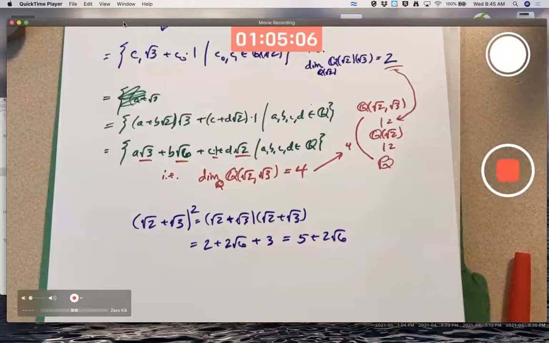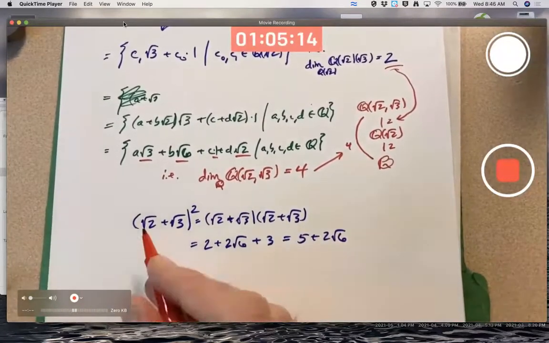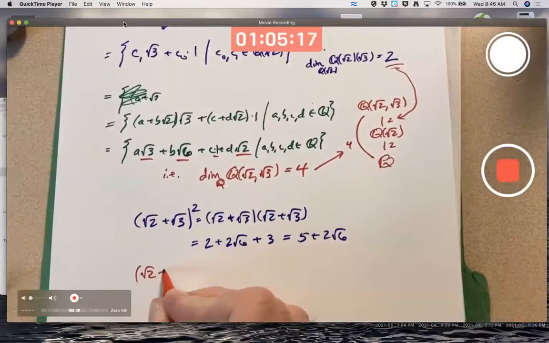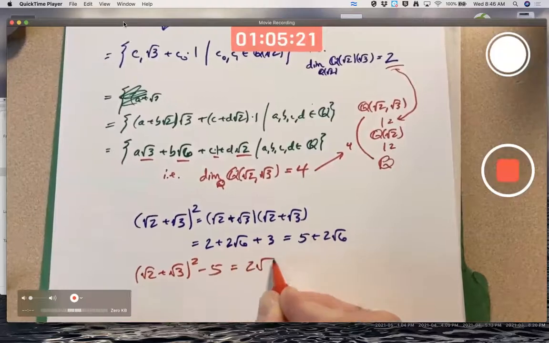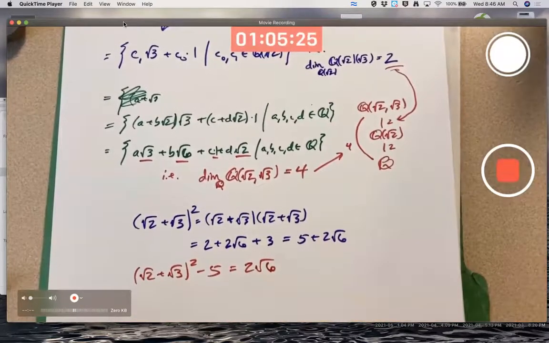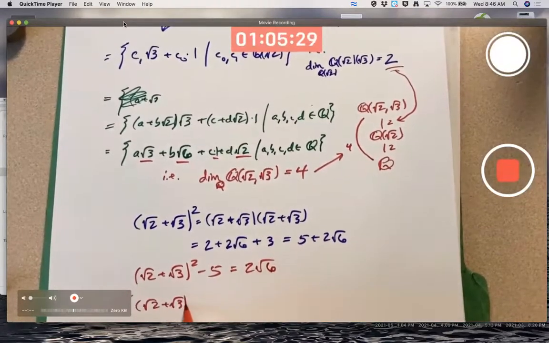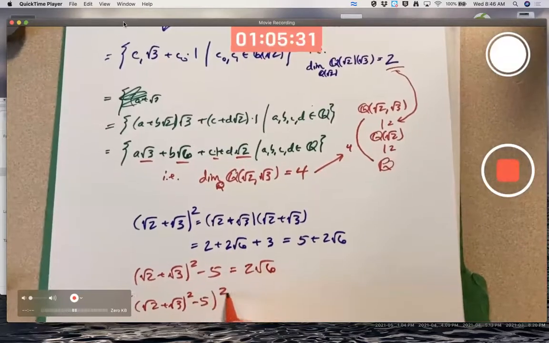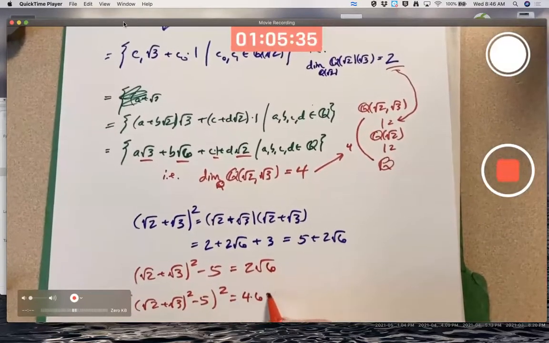And then if I subtract 5 from both sides, I could say root 2 plus root 3 squared minus 5 equals 2 root 6. And then I could get rid of that root 6 by squaring both sides. If I square that, I'll get 4 times 6, 24.